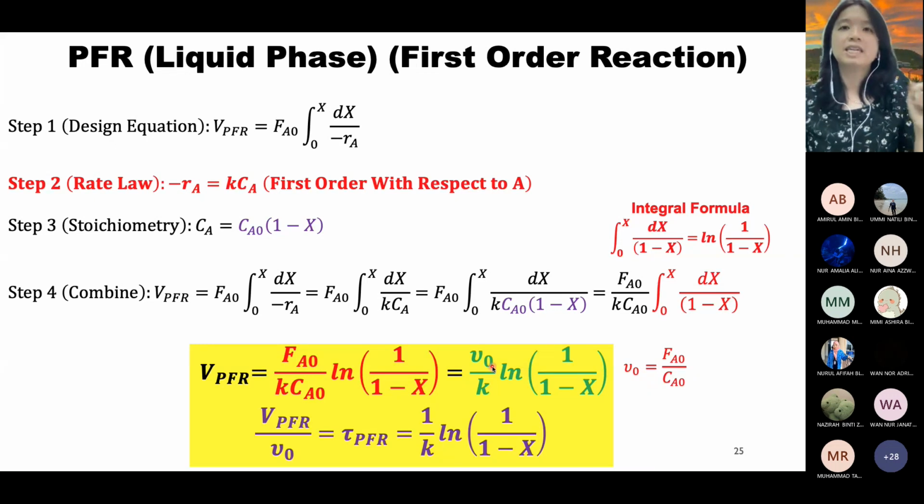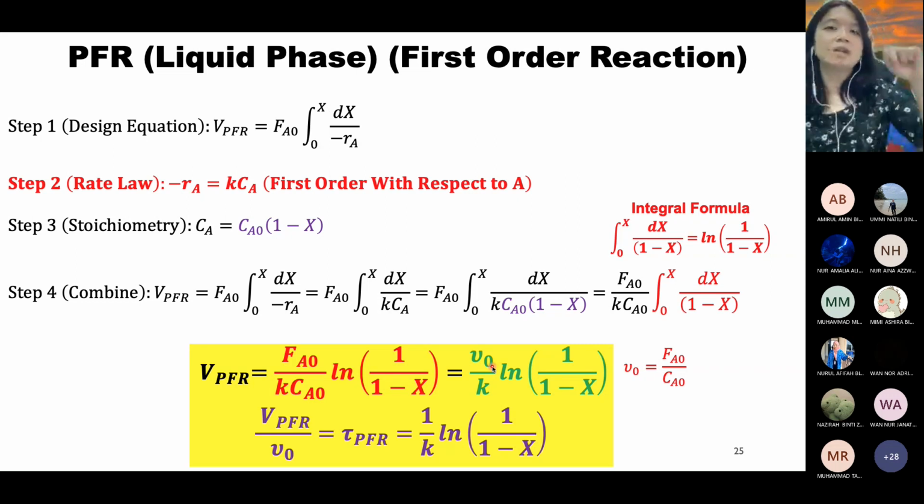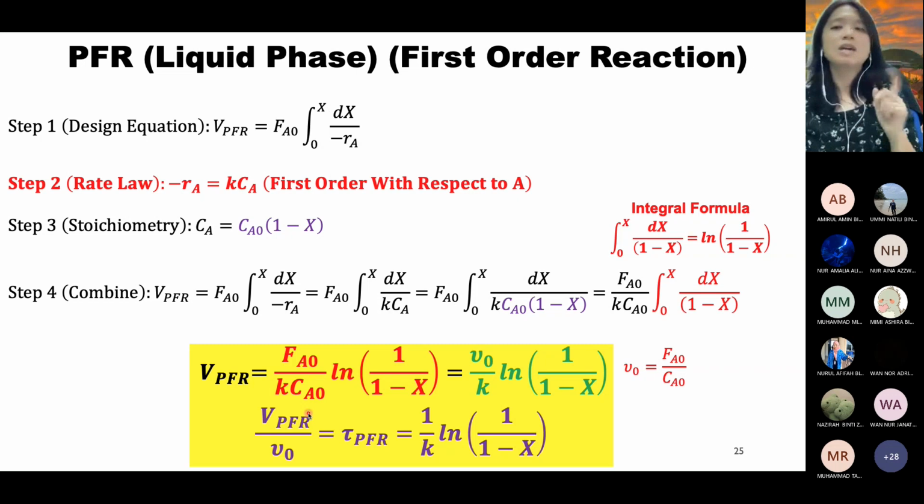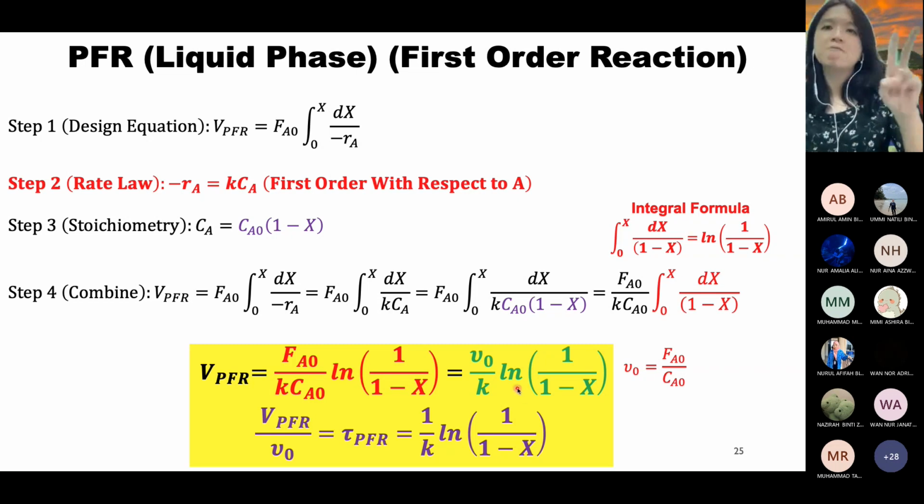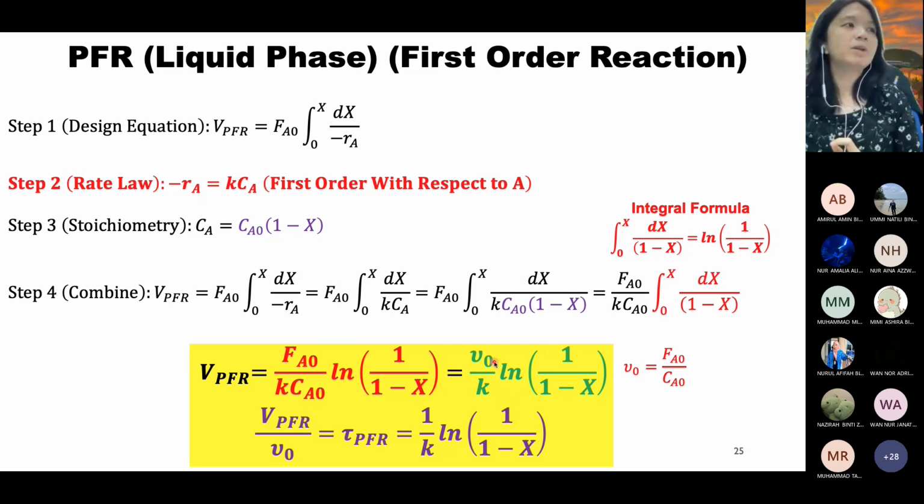Kalau kamu ingat perkaitan dia, CA0 sama dengan FA0 per epsilon naught. So terbalik sajalah. So epsilon naught sama dengan FA0 per CA0. So kamu tengok sekarang equation yang merah tu in the first form can become the second form, of which I modify because FA0 per CA0 sama dengan epsilon naught. So equation dia sekarang menjadi epsilon naught per K. Bahagian belakang masih samalah ln 1 per 1 minus X.